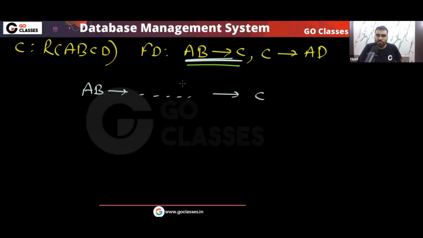Is there any way? Means AB determines something, then something determines C. There is no way. Yes or no?